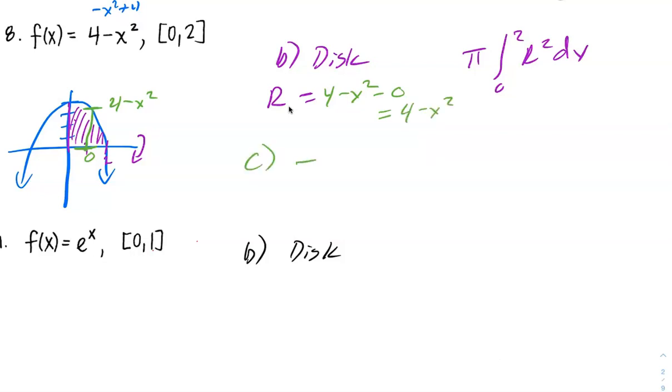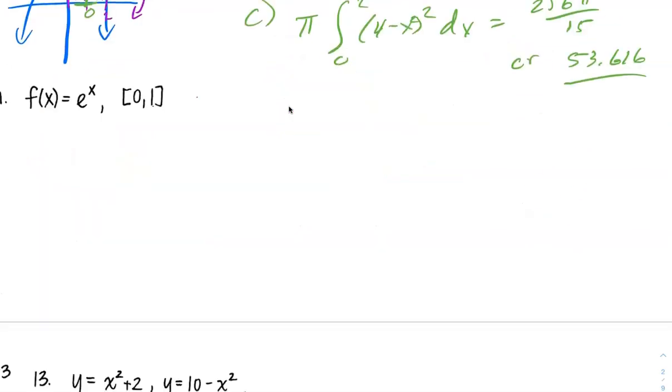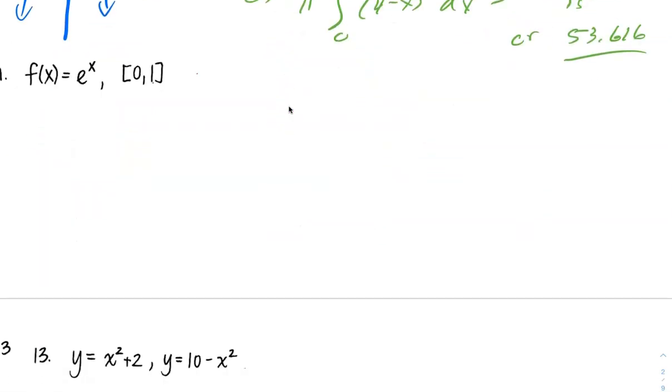So it makes my answer pi times the integral from 0 to 2 of 4 minus x squared, squared. It looks a little funky, I know, sorry. That'll get you 256 pi over 15, or 53.616.